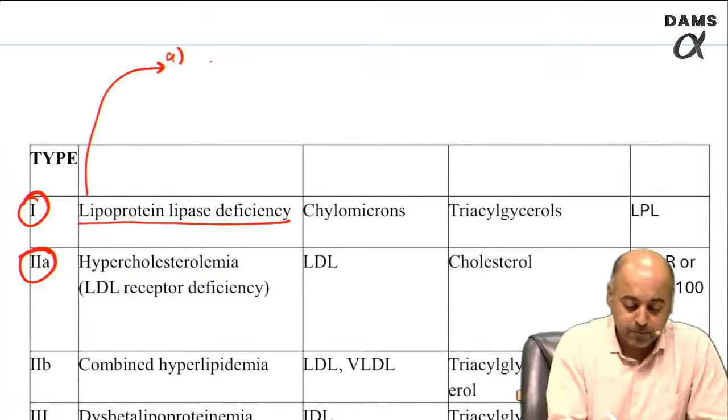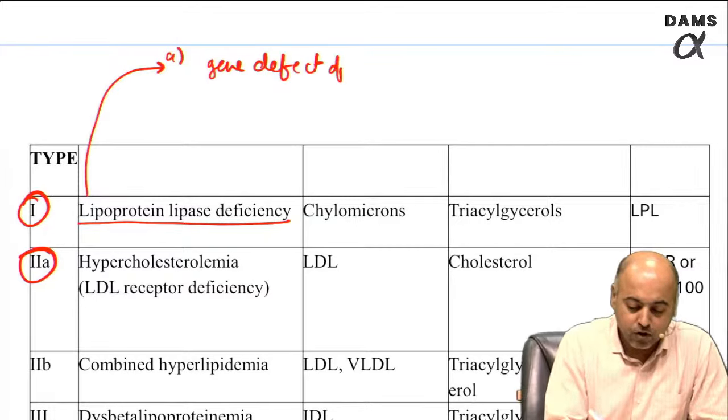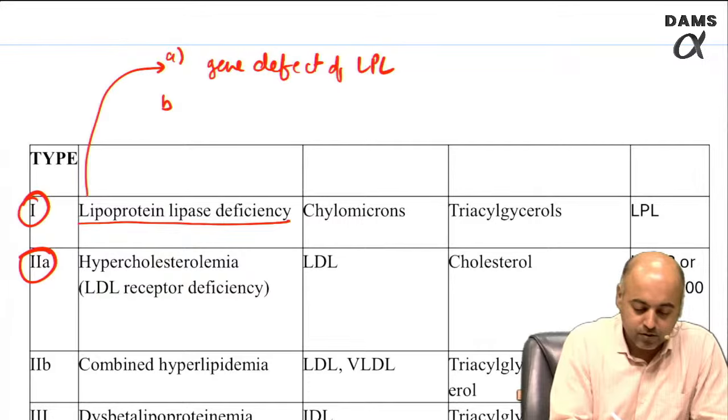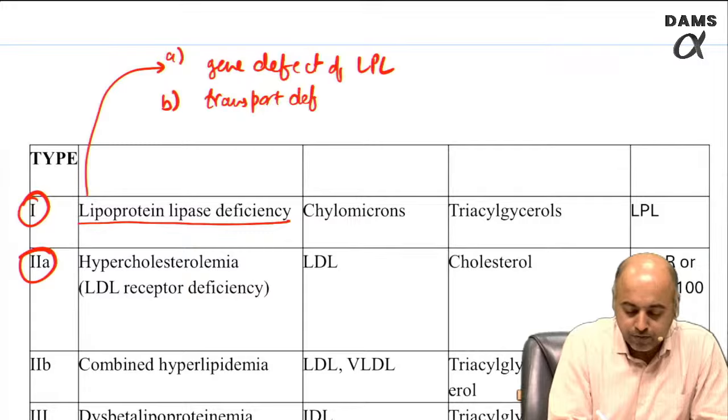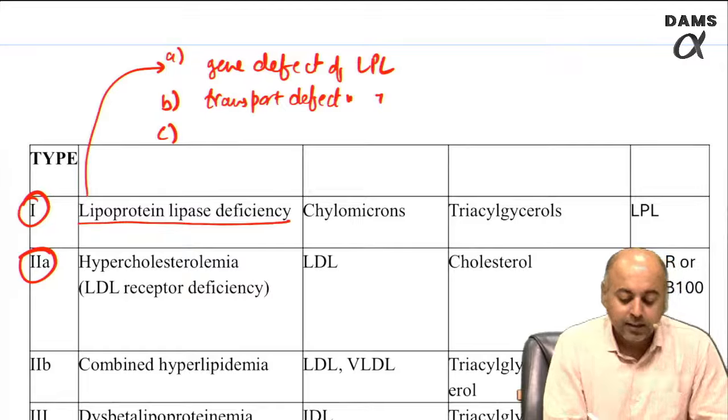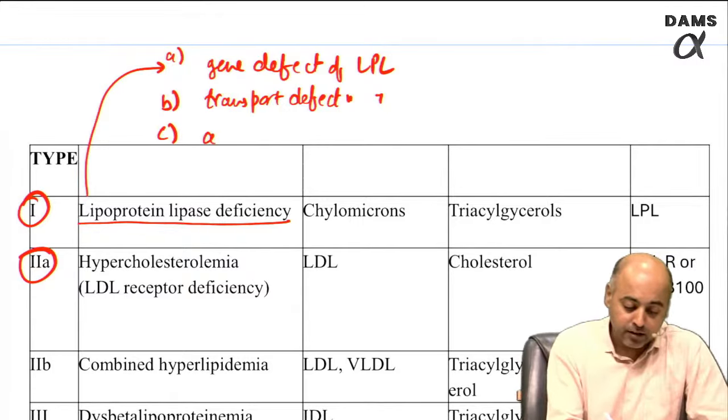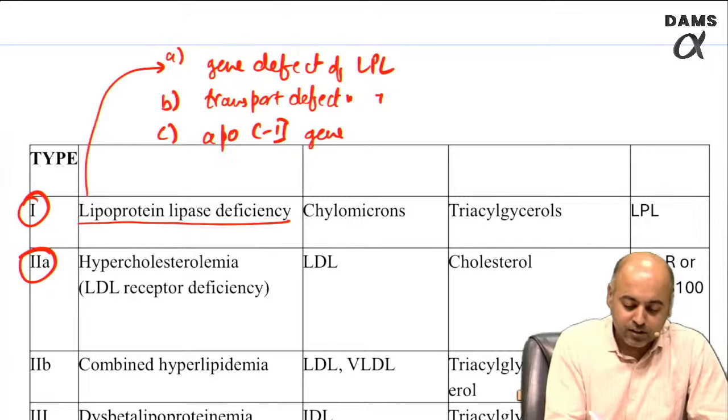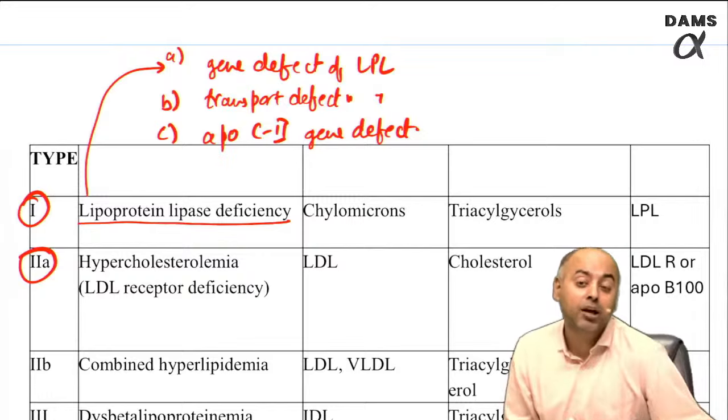First, gene defect of lipoprotein lipase. Second, transport defect of LPL, and third, the LPL is activated by ApoC2. So if there is ApoC2 gene defect, then also you'll get the functional lipoprotein lipase deficiency.